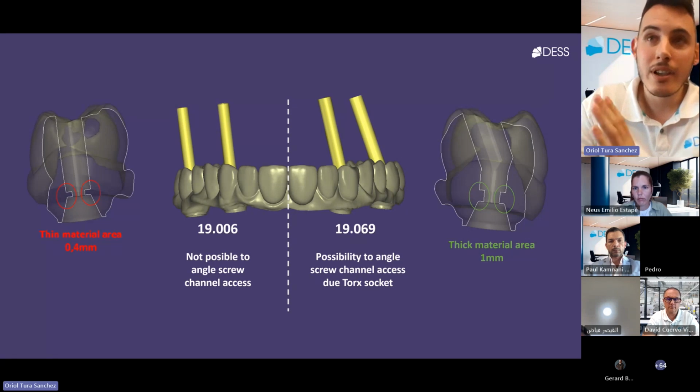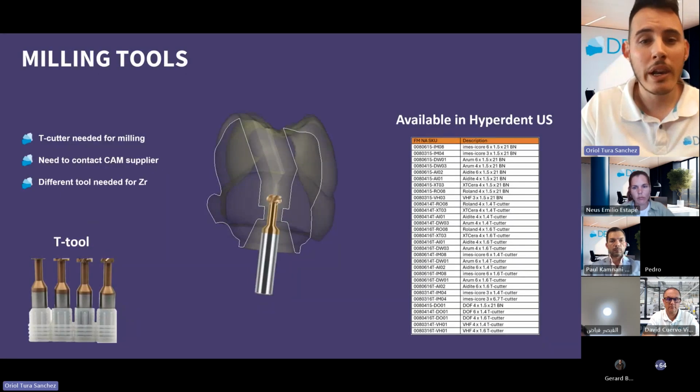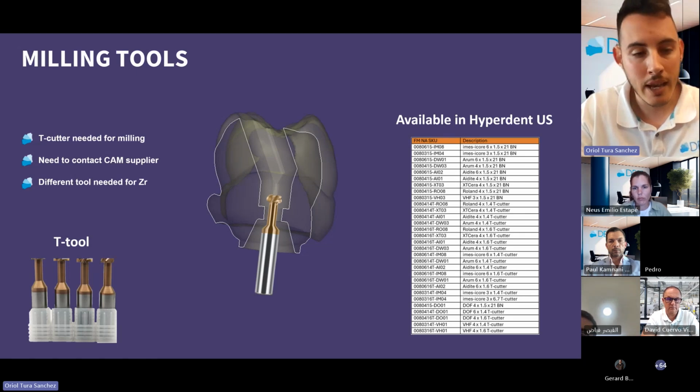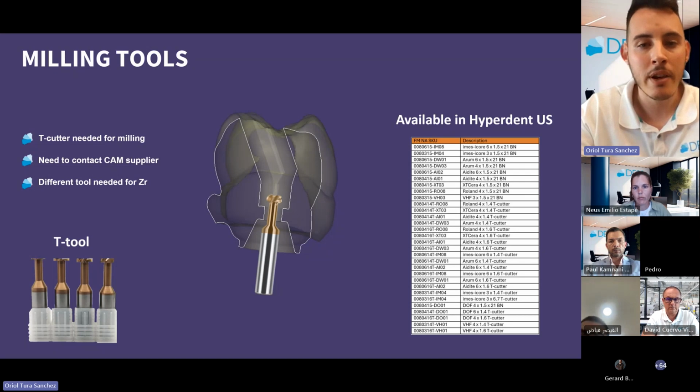Okay, if we angle the screw channel, will we need special tools? The answer is yes. We will need a specific milling tool, a T tool or T cutter, for the seat milling from the bottom. We developed that screw and our library in cooperation with Hyperden from the United States.